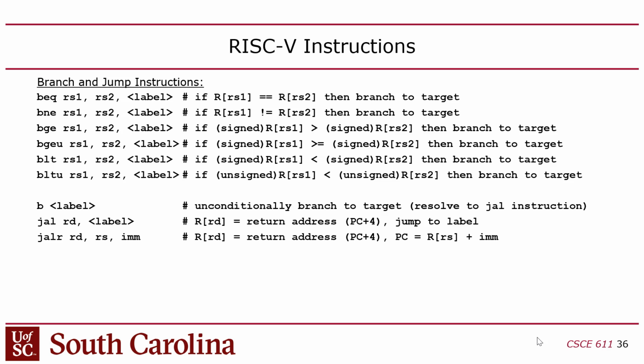By convention, it's usually 1, but you can change that. And then jump and link register, which jumps to the address that's in a register, which is used to return. In other words, the way this is supposed to be used is you first do jump and link to a function, and then when you're ready to return, use the jump and link register to return. You jump to whatever register you linked to in the first instruction.